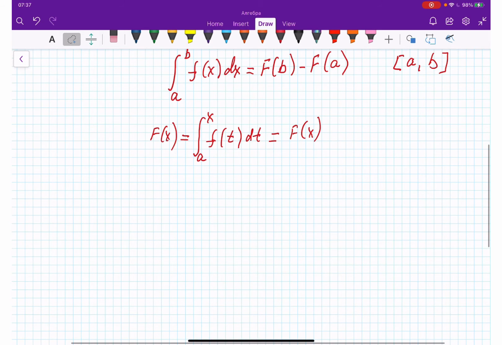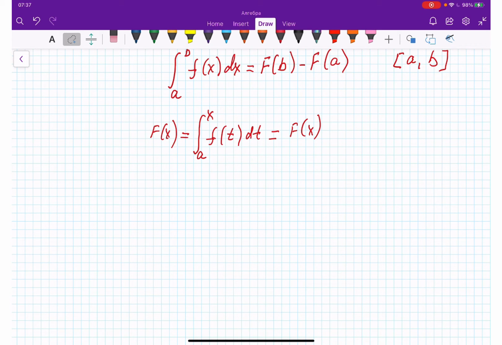Okay, let's evaluate a basic definite integral as a function.